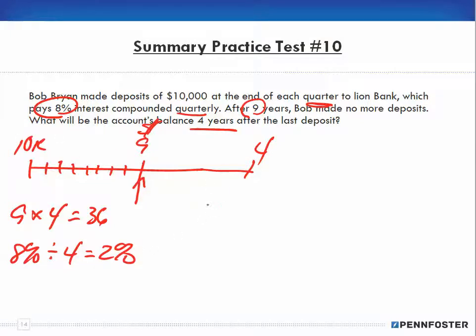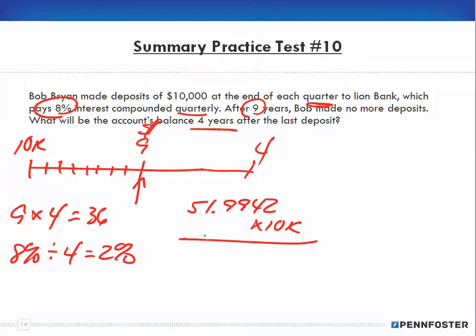When we look at the ordinary annuity, go to your business math handbook and look up 36 periods at 2%, you find that the factor is 51.9942, and we're going to multiply that by 10,000.